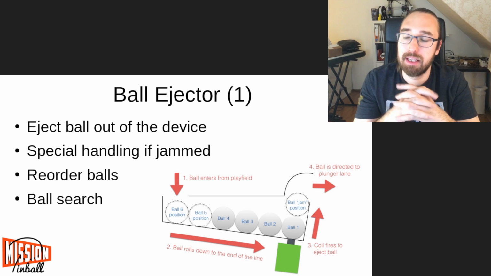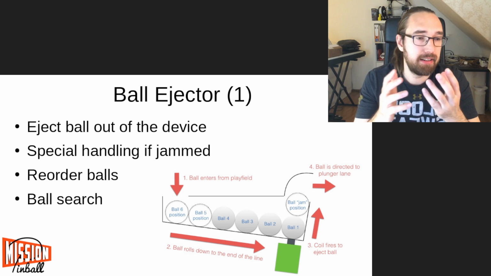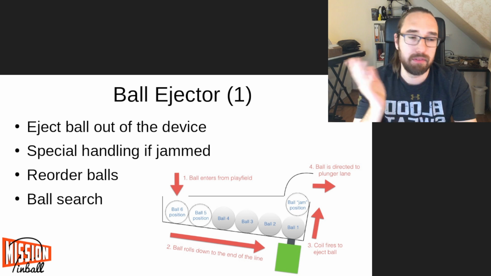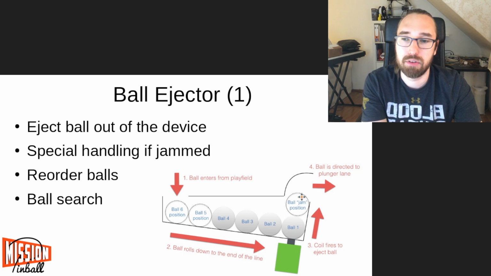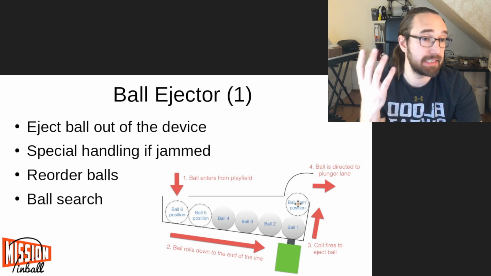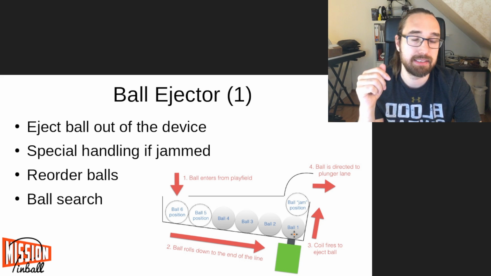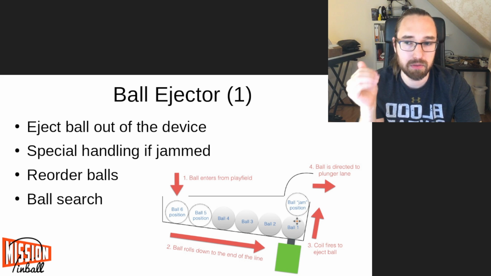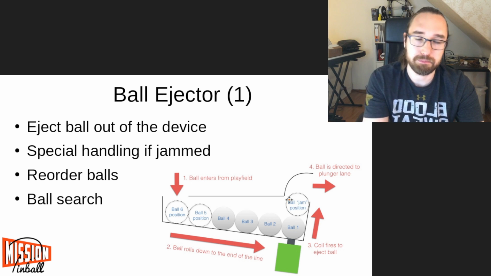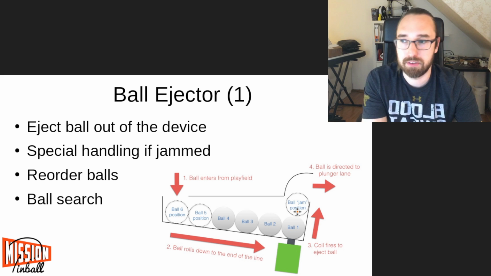It's that simple. You need some special handling for a jump ball. As I explained earlier, if you got a ball here that needs less energy, you pulse a little bit less. Otherwise, you might see that both balls make it out. So you want a reduced pulse time to get this ball out. That's also something you can configure in MPF.